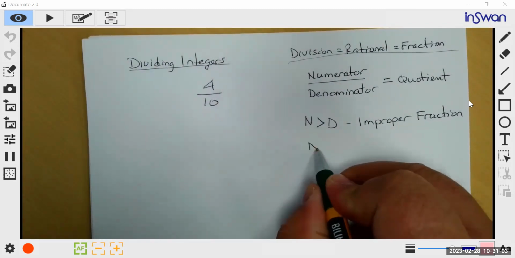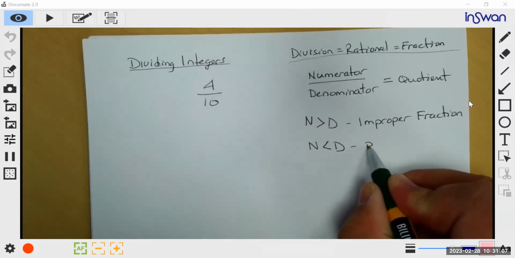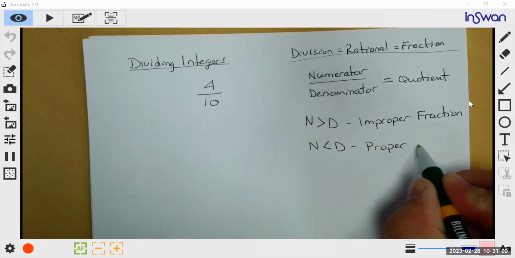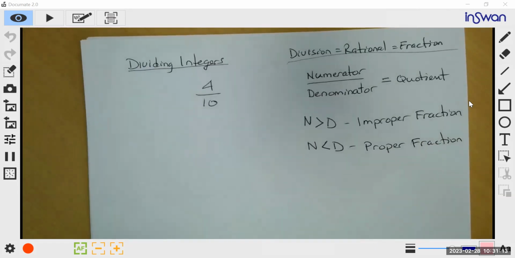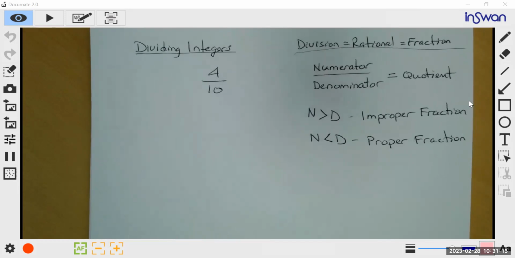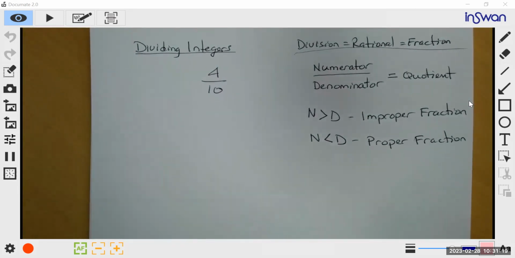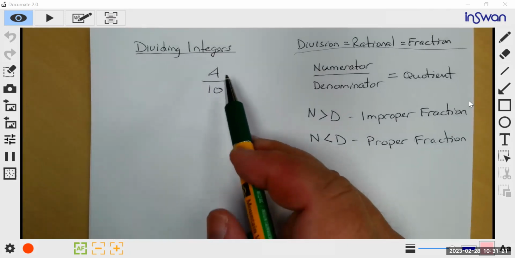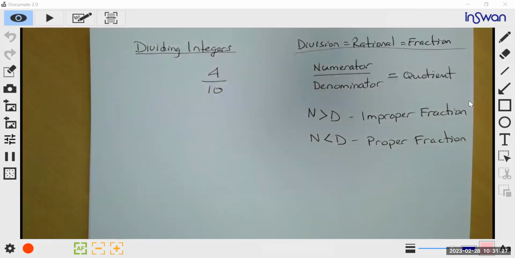If the numerator is less than the denominator, that's called a proper fraction. So is this example a proper or improper fraction? It's a proper fraction because the top number is smaller than the bottom.